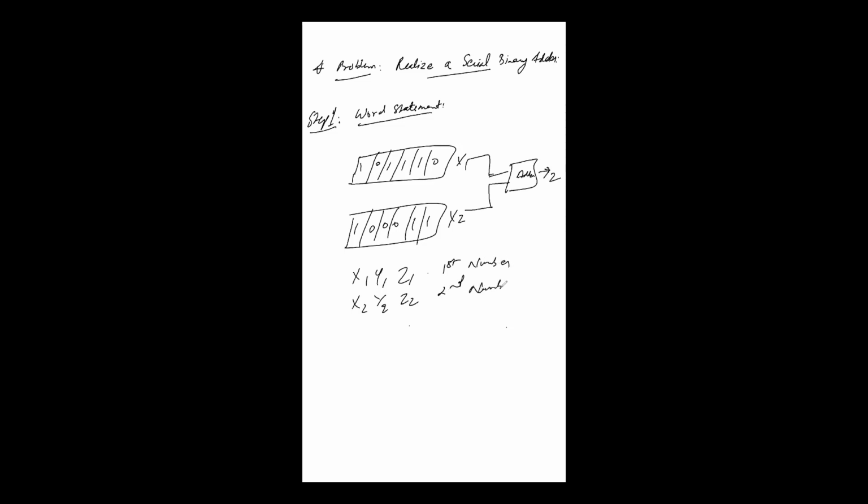You have to add both these numbers and get an output. The way forward is that you can add them one by one, right? You can add z1, z2, then y1, y2, and x1, x2, right? But the main important thing here is the state of carry.